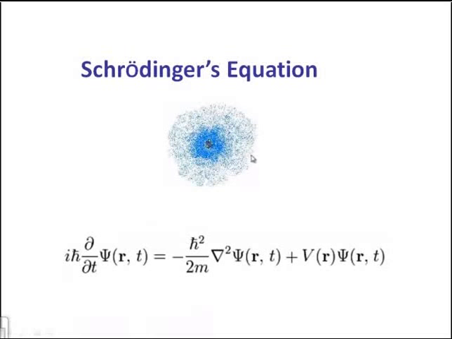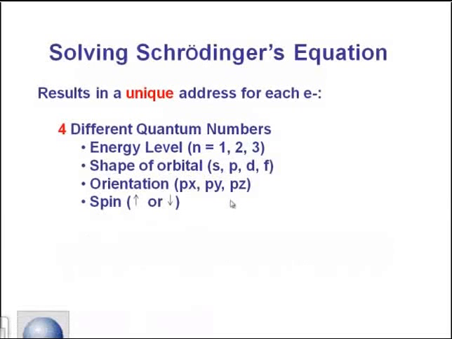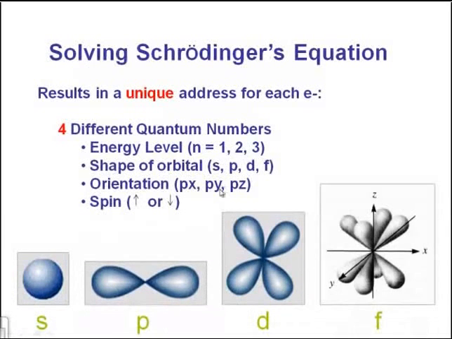So the fewer the dots, the less likely it is to locate an electron there. So you could find an electron here. It's just not very likely. You can find an electron here with high probability. Okay, that's what his equation does. So if you solve his equation, it ends up graphing out these different shapes of the orbitals where electrons are considered to be located.